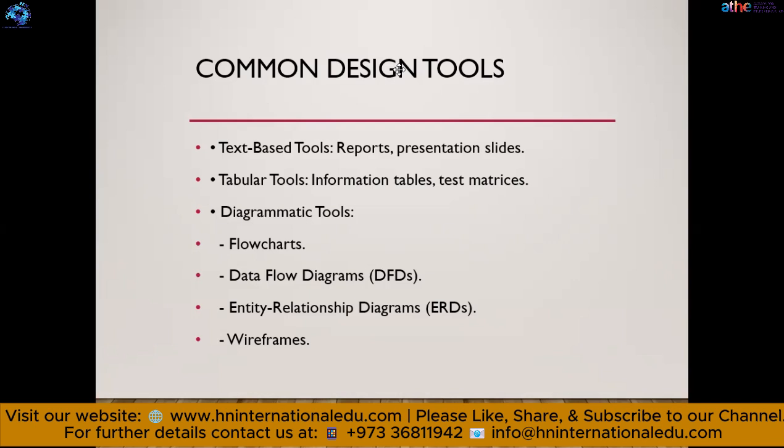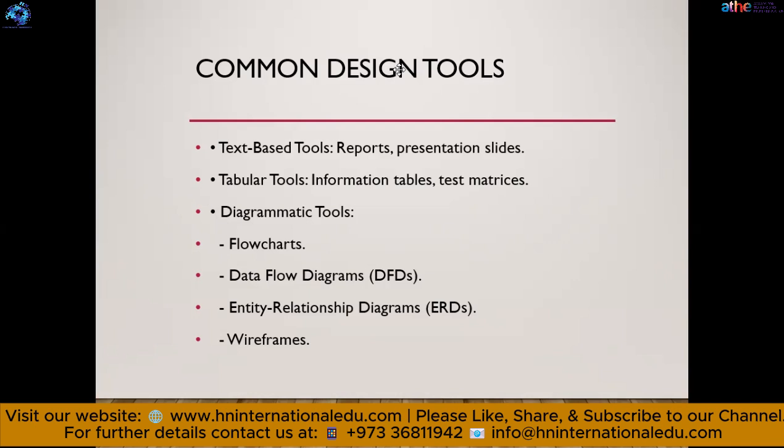There are different types of diagrams. It may be flow charts or data flow diagrams, like how the data we need to provide in different systems. We have to design this as well using data flow diagrams.